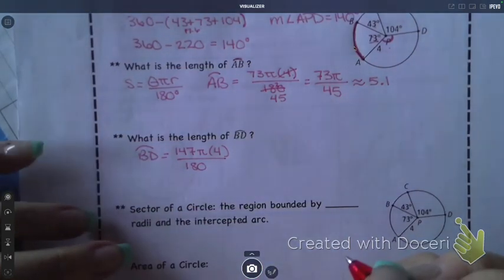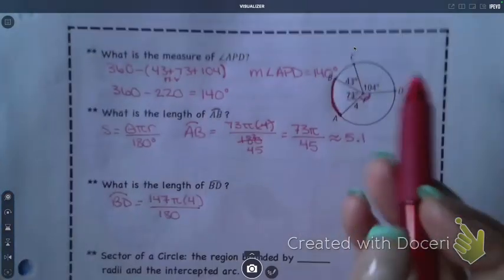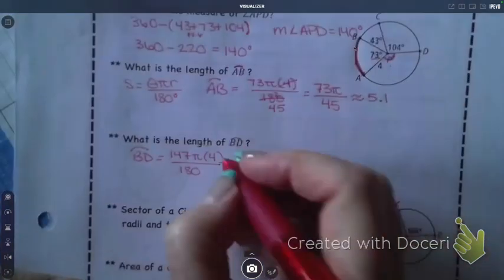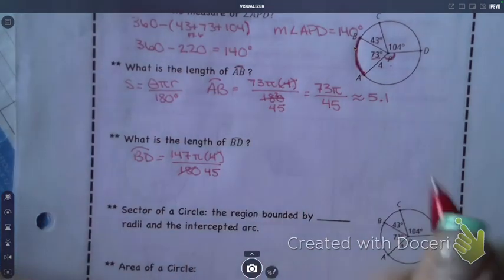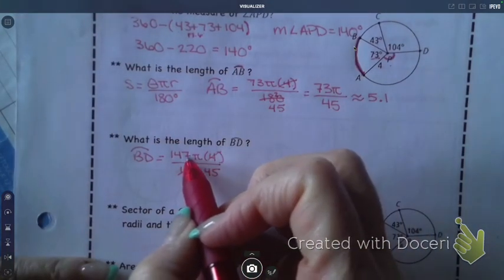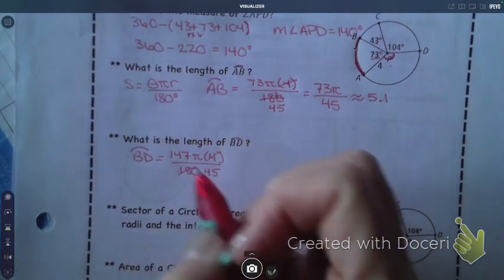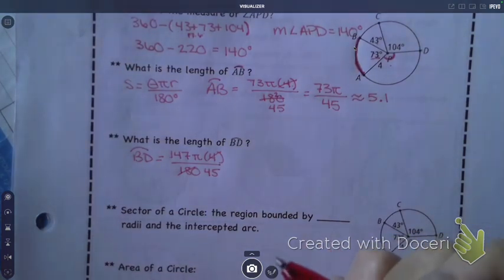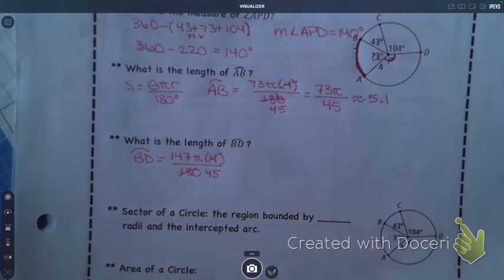So did you add 43 and 104? Yeah. Okay, we had to add those two because B to D is that whole thing, isn't it? Okay, so 4 still goes into 180 45 times. So doesn't 3 go into 147 and 45? How did I just figure that out, that 3 went in there? 3 goes into 45, 15. But how did I figure out that it went into 147?